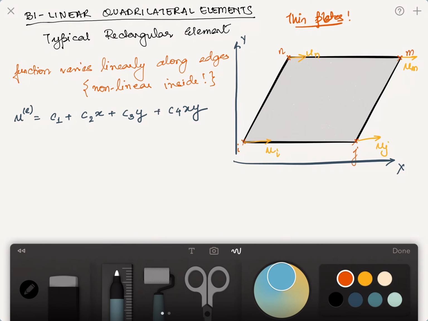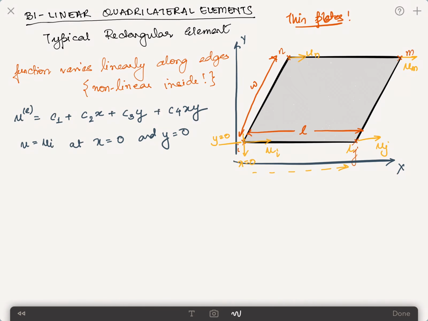What I'm trying to enforce here is that at this location x is equal to 0, and at this location also y is equal to 0. And as we move on in this direction, here I come upon L. The same way here I would come upon W.